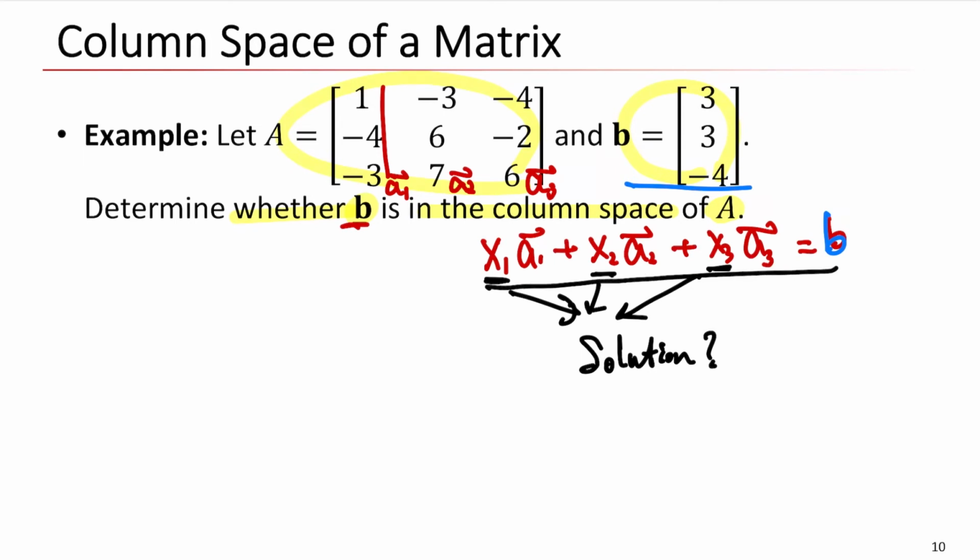This statement can be rewritten as Ax equals b. In other words, the problem is whether Ax equals b has a solution or not. So this is the problem of this example.